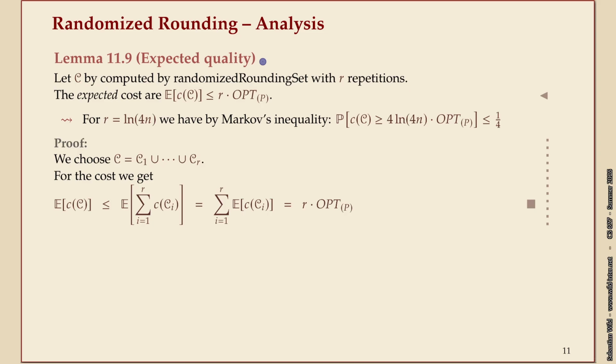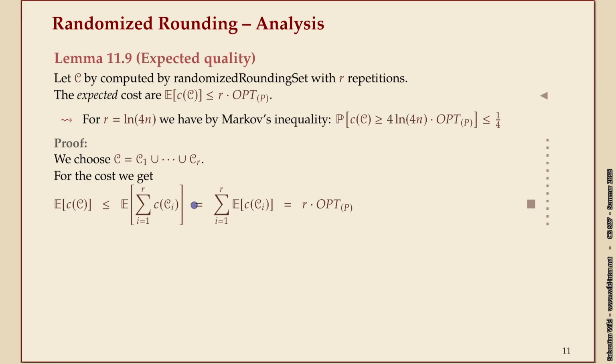Our algorithm picks the final solution as the union of r repeatedly chosen things. These are all identically distributed and independent. The cost of the final result is at most the sum of the costs of all those elements summed up. It'll probably be a bit less because we repeatedly draw some sets, but it's hard to analyze, so we'll just upper bound it generously.